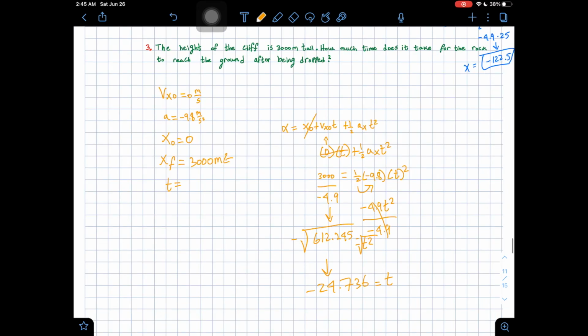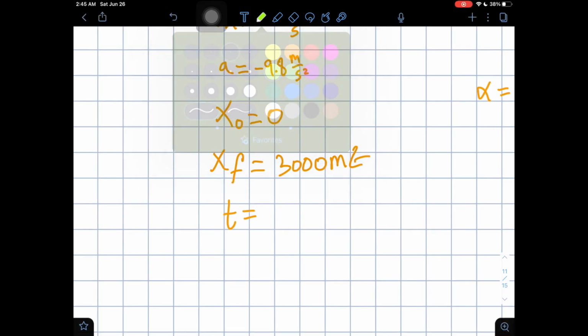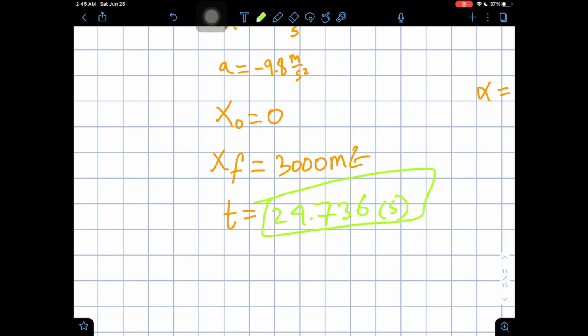That equals t, and obviously t cannot be negative, so we take the magnitude of our answer, and it's going to be 24.736 seconds as our time to reach the ground. Go ahead and write that in our answer right here. An answer of 24.736 as our answer. And remember, that's going to be in seconds.